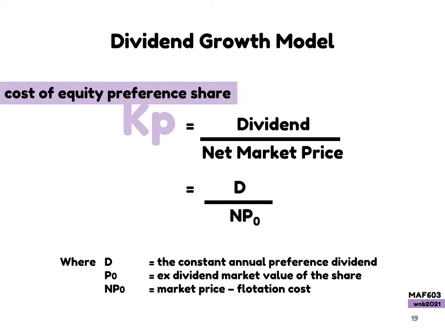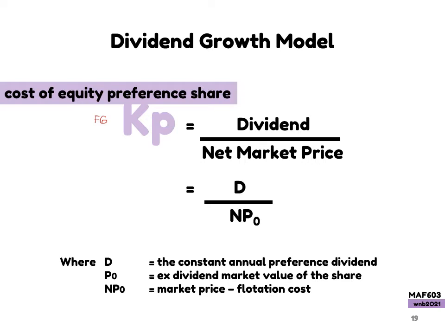So how do we compute the cost of preference share? We still are going to use the dividend growth model. The formula to find KP, formula number 6 for this chapter, is KP equals dividend divided by net market price, D over NP.